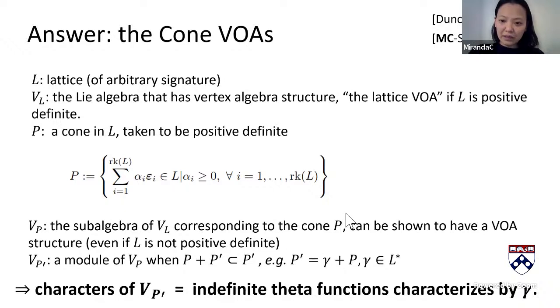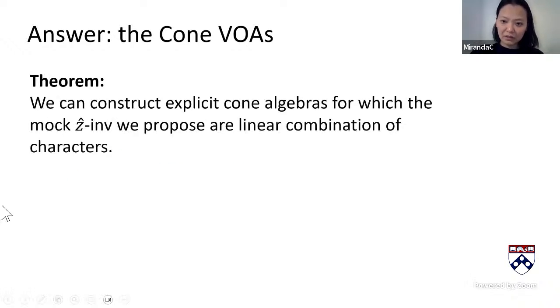Using this, we could construct explicit cone VOAs and explicit modules, such that indeed all the mock invariants we proposed earlier in the answer to question 2 are linear combinations of characters of these cone algebras. Okay, so that's our answer for question 3.